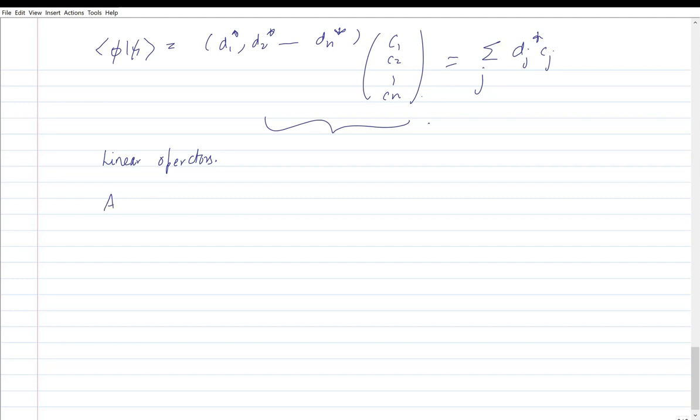So I have a linear operator, well, by definition this is this, and I can either express it in this abstract notation as a linear operator, or I can have a matrix representation in terms of a basis, where the matrix elements are going to be given by Ajk.